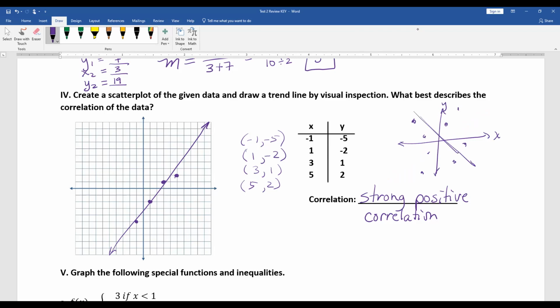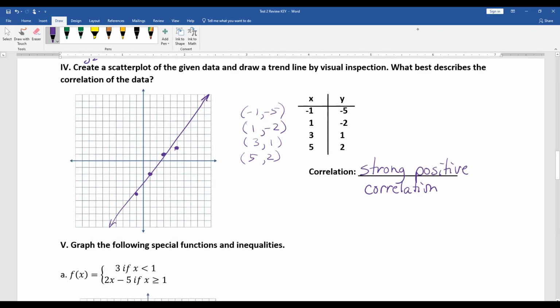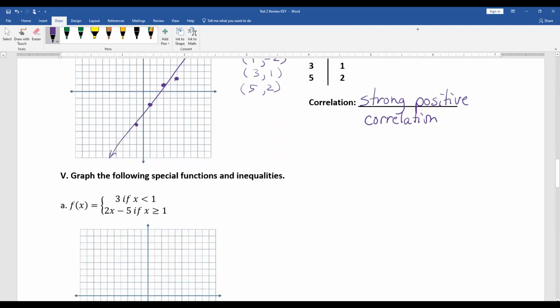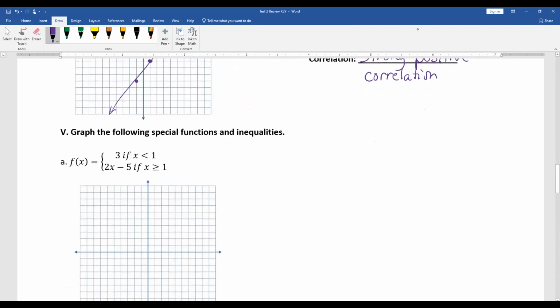That means your Y is decreasing even though your X is increasing when it's going downhill. When it's going uphill, they're either increasing together or decreasing together, both going in the same direction. So in this case, we have a strong positive correlation. Strong tells us that all the points are close to the line, and positive is because the line is going uphill. That's essentially all you'll need to know for the most part about scatter plots.